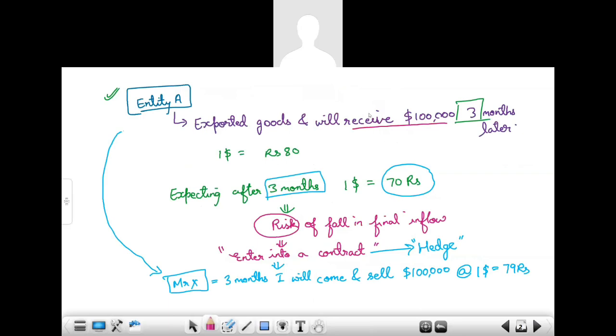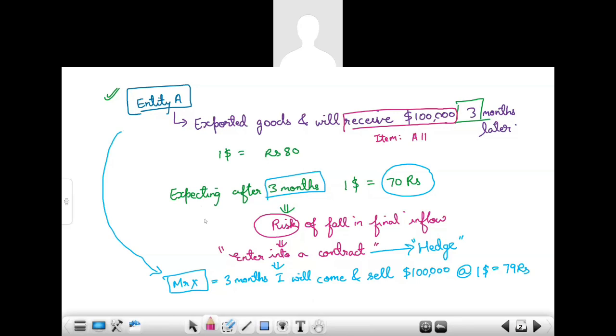This contract has a number, for example, contract number A11.